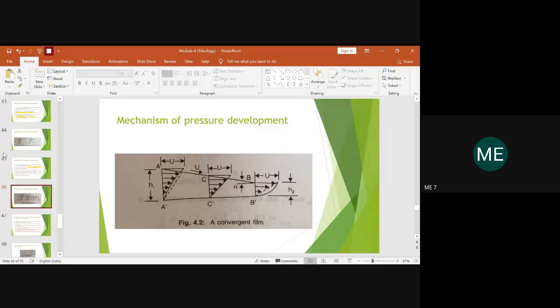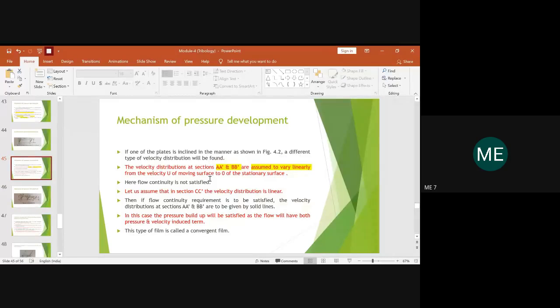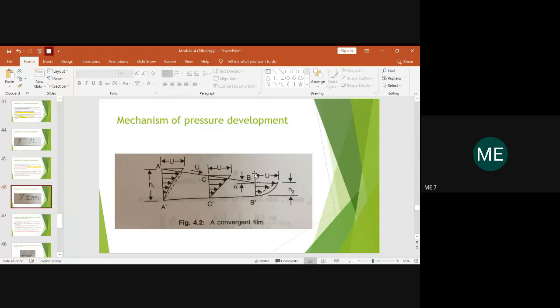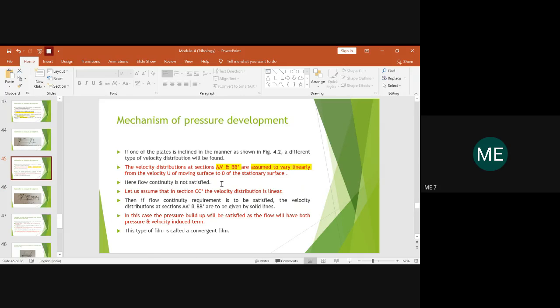So at the stationary surface it will be 0, at the moving surface it will be u, and in between, the velocity varies gradually and linearly across sections A dash and B dash. This is the entire area through which we are analyzing the pressure development across the oil film. These are the assumptions that have been made.